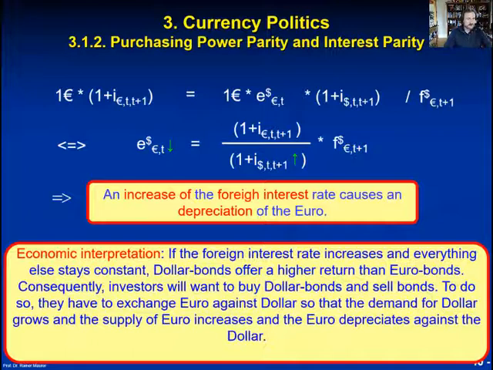Consequently, investors will now want to buy dollar bonds and sell euro bonds. To do so, they have to exchange euro against dollar so that the demand for dollar grows and the supply of euro increases and the euro depreciates against the dollar.